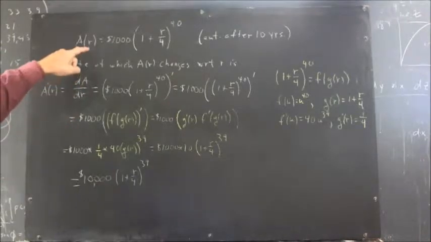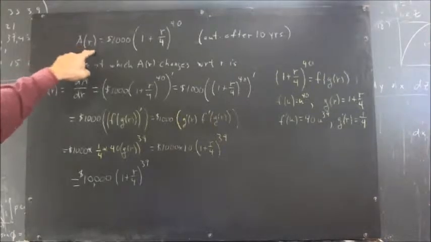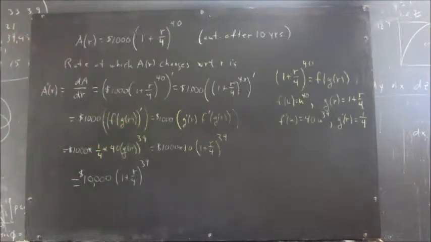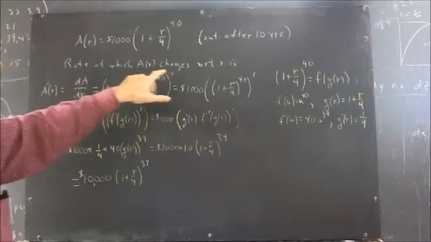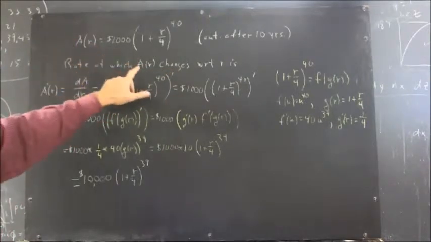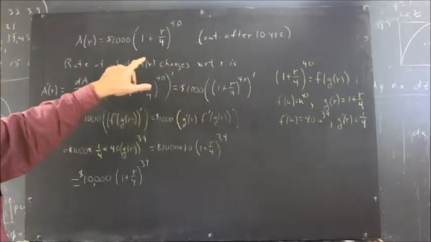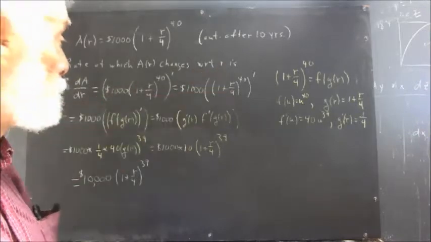We're just saying, if you choose a slightly different interest rate, you're going to have a higher amount at the end of the 10 years if everything goes as planned. So what's the rate at which the amount A of R you have after 10 years changes with respect to the interest rate that you choose?